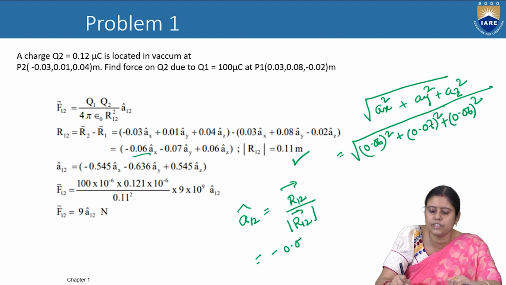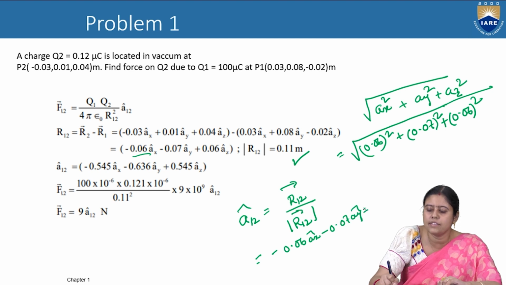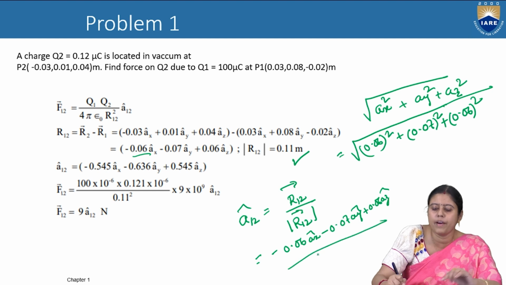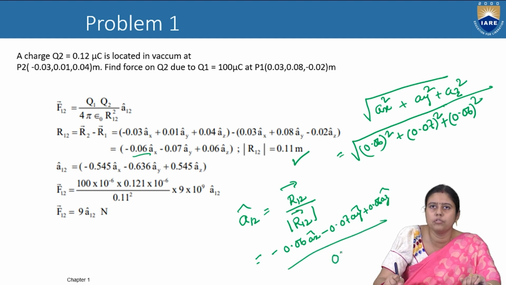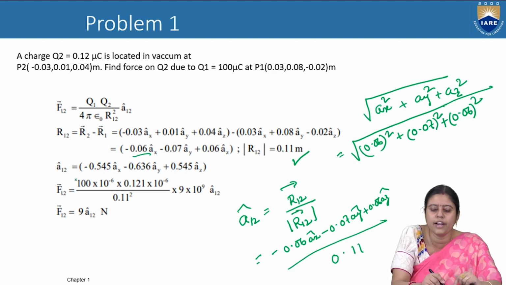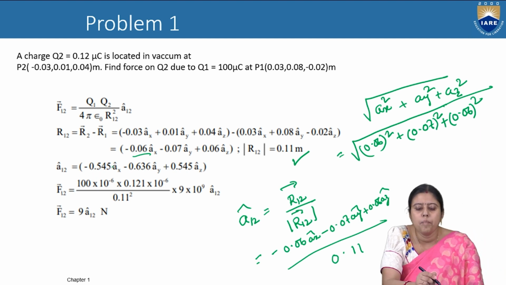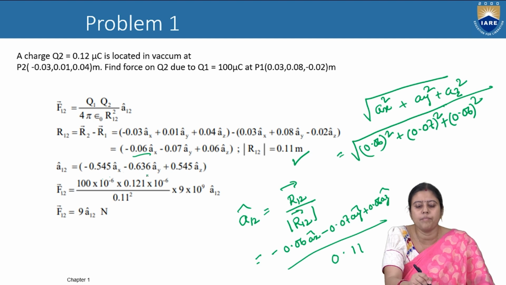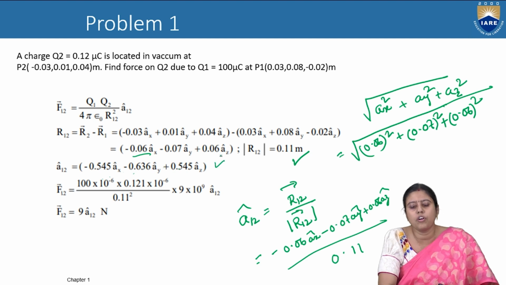Minus 0.06 ax minus 0.07 ay plus 0.06 az divided by the magnitude. Magnitude is 0.11. So if we solve this, we will get A12 is equal to 0.545 ax minus 0.336 ay plus 0.545 az. So we got the value of A12.